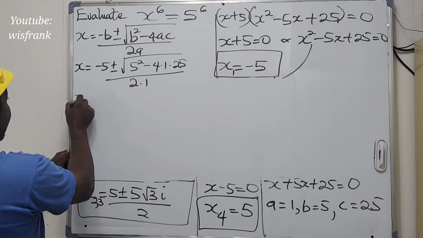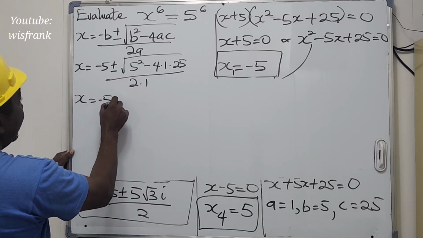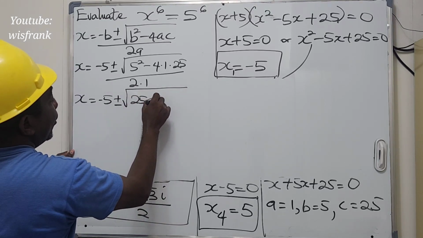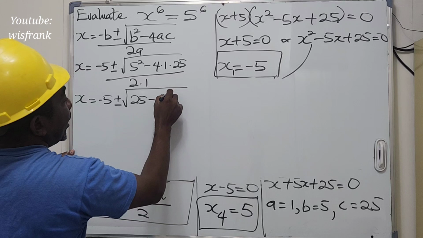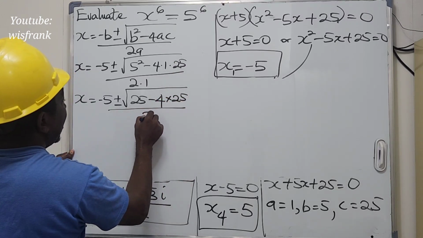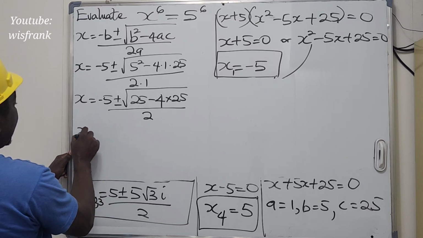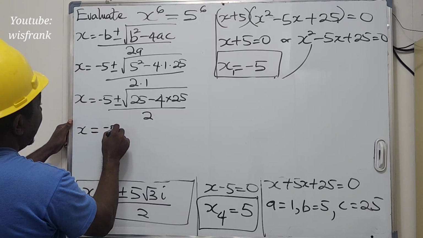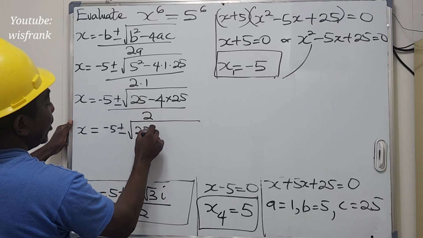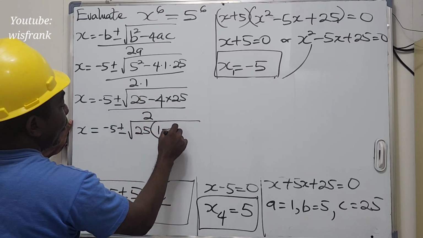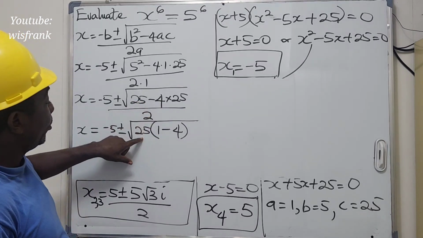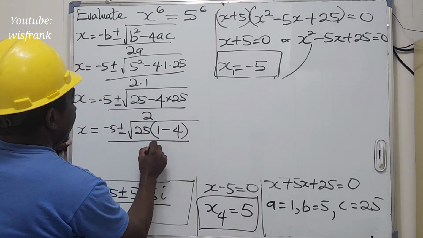So in this case, our value of x equals minus 5 plus or minus the square root of 25 minus 4 times 1 times 25, all over 2. So here x equals minus 5 plus or minus the square root of 25 into 1 minus 4, because when we factor this, it gives us this, all over 2.